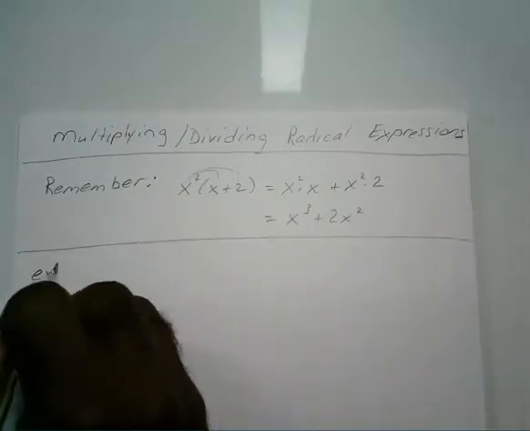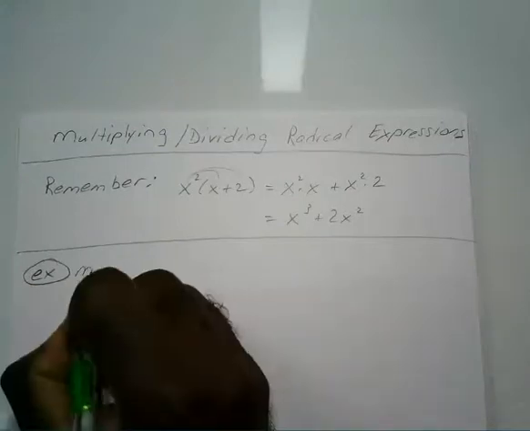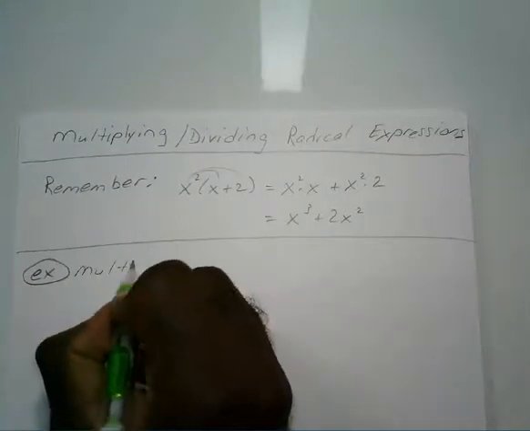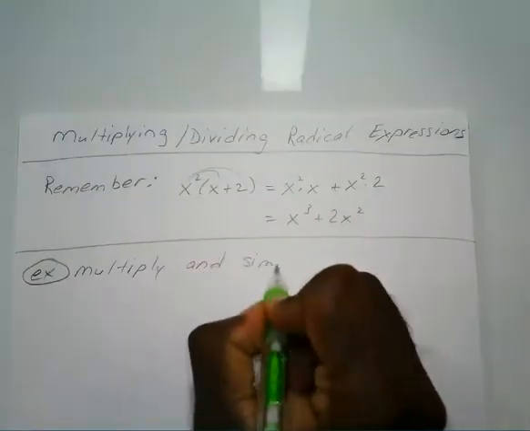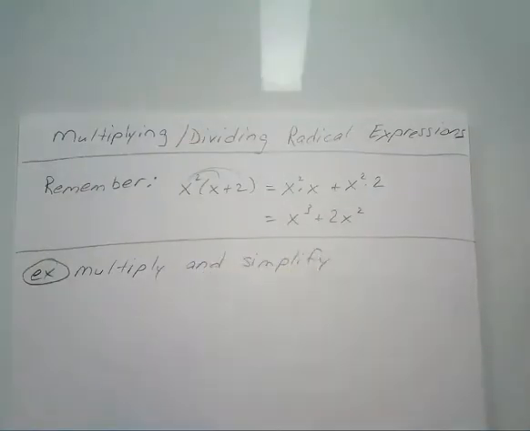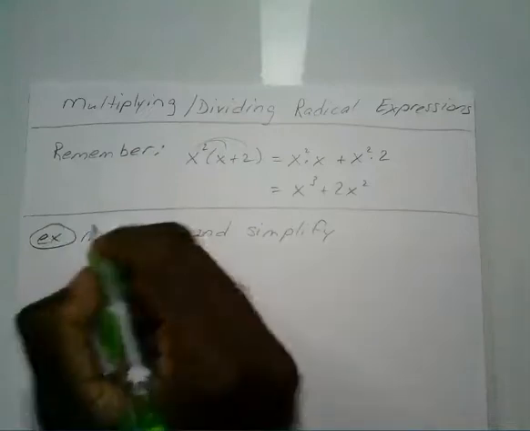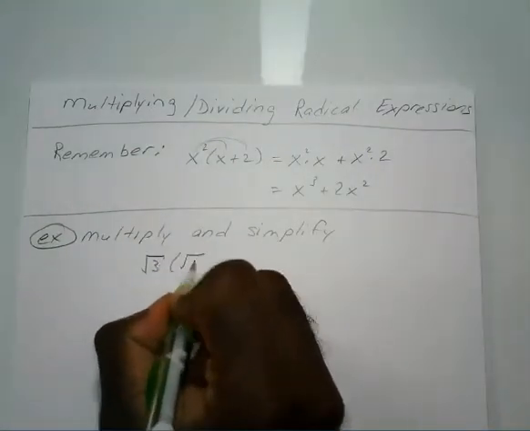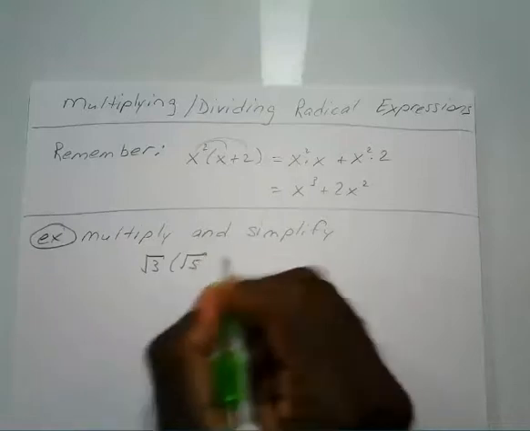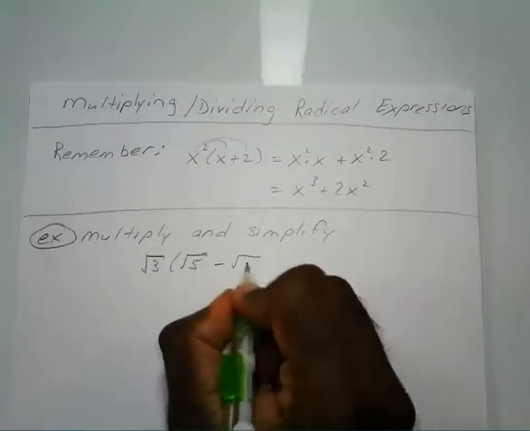Okay, so let's say, for example, you want to multiply and simplify the following expression. Okay, so if you have square root of 3 times square root of 5 minus square root of 8.